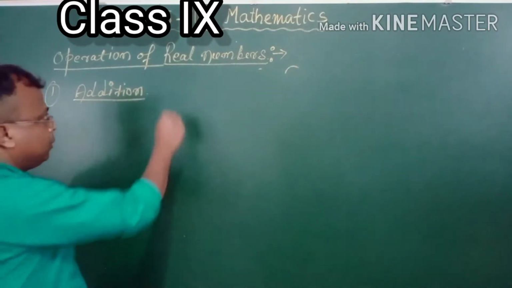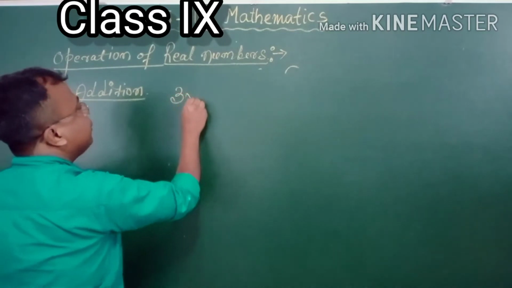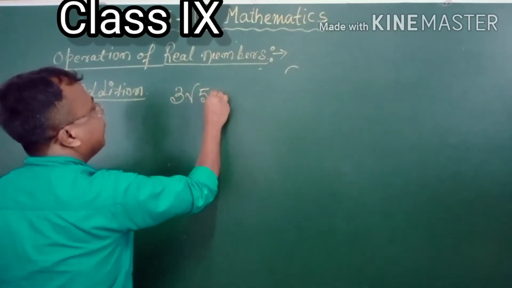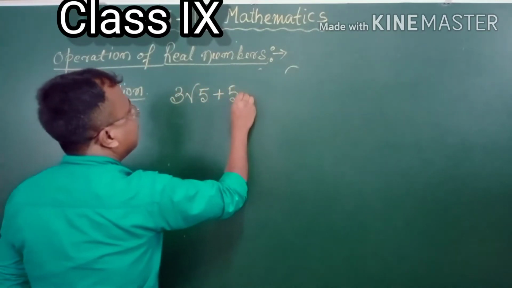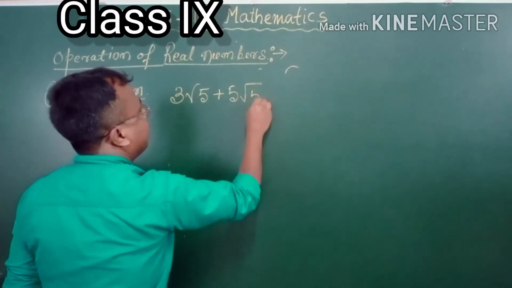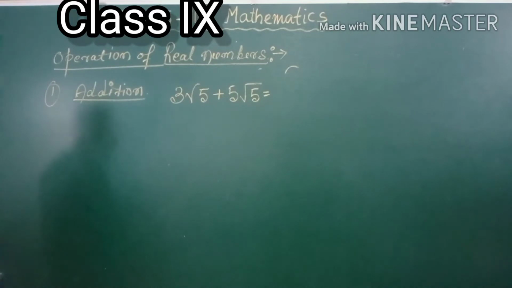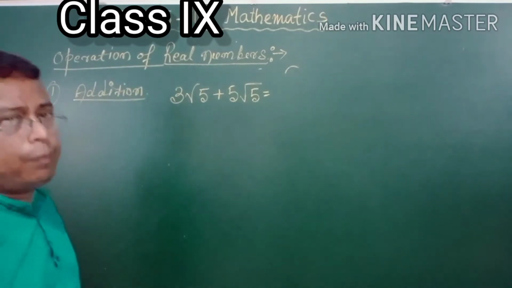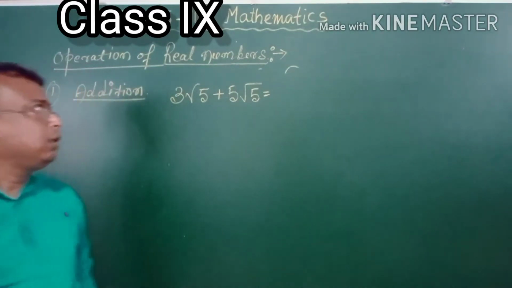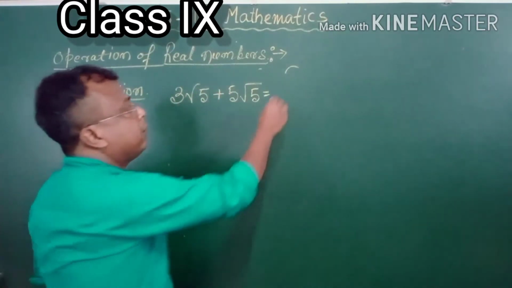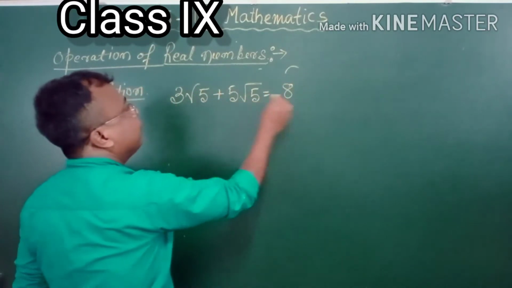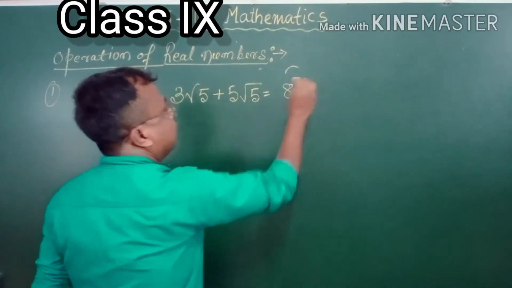Suppose 3 root 5 plus 5 root 5. What will be the answer? 3 plus 5 is equal to 8, and root 5.